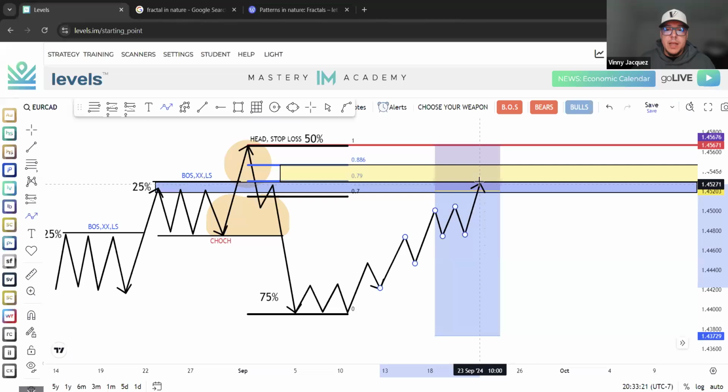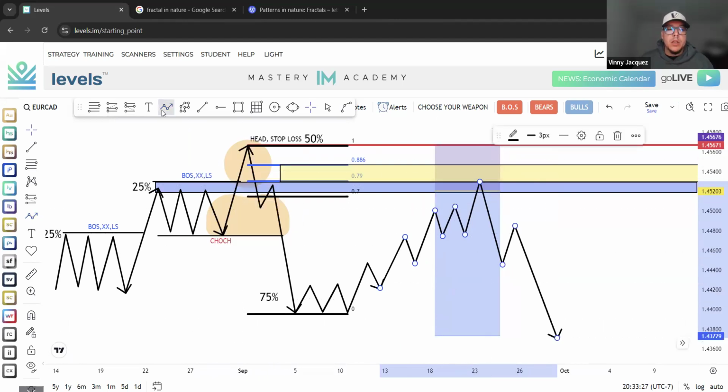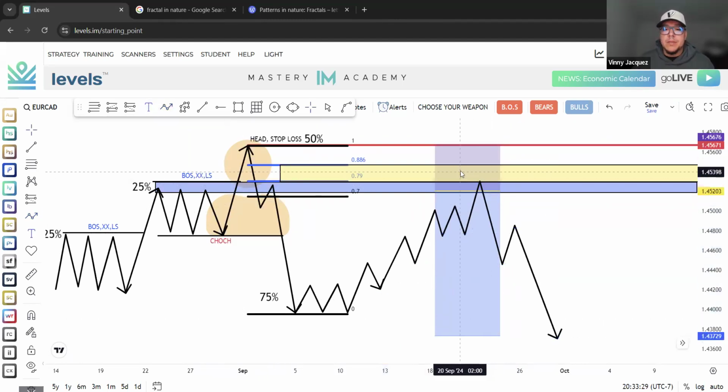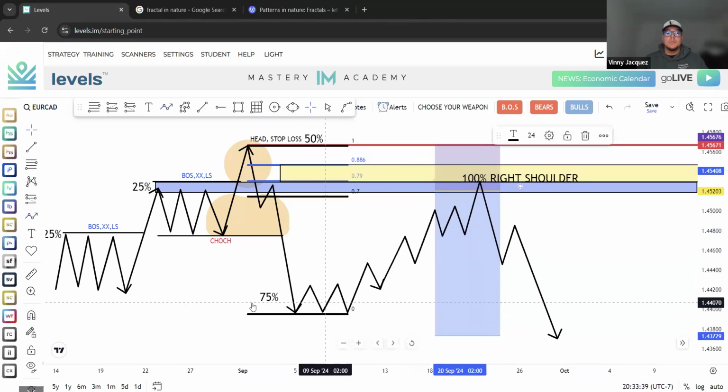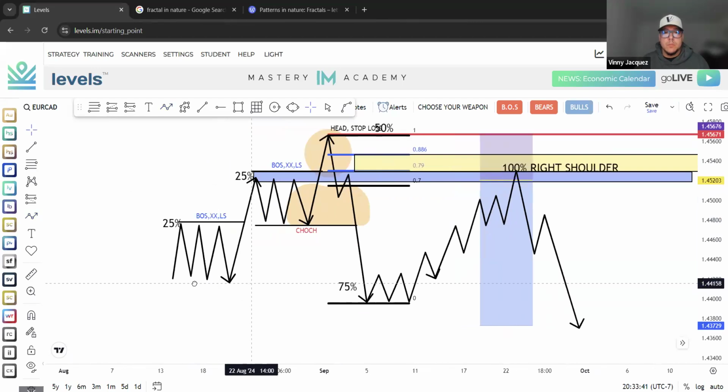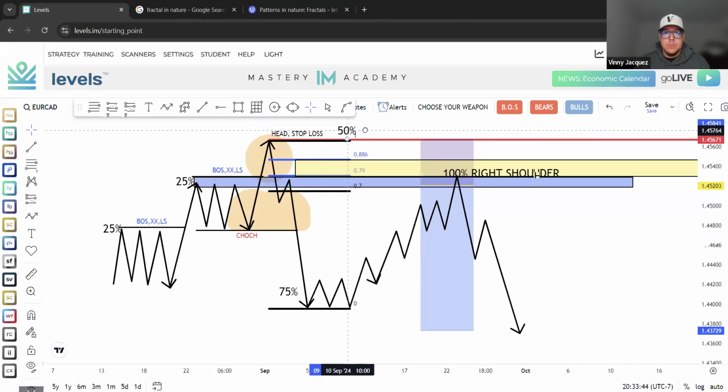As soon as the market comes back, comes in this area, that's already 100% of the right shoulder, right? And we are looking to continue the sells down. So this would be 100% right shoulder. Put this on this side.